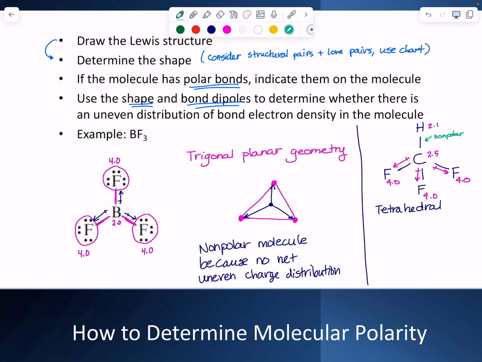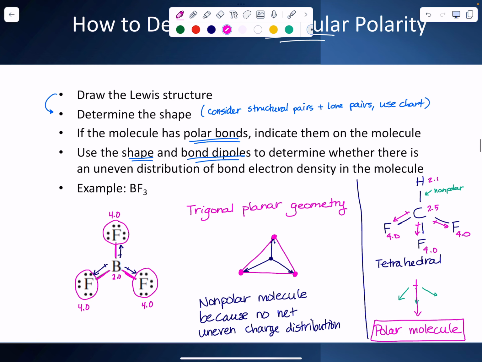So we've got 3 things pointing down, and they're not going to offset each other. And so we're going to get a net dipole that is pointing down through the geometric center of those, and is bigger than any of those other 3. They're going to add up so that there's a net dipole. So this one is a polar molecule.